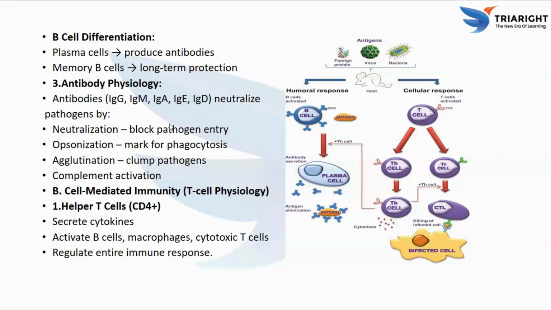Antibodies coat pathogens, making them easier for macrophages and neutrophils to engulf. Agglutination, clumping. Antibodies bind multiple pathogens at once and clump them together, which is easier for phagocytes to clear. And complement activation. Antibody-coated microbes activate complement proteins, which leads to formation of membrane pores, cell lysis and enhanced inflammation.